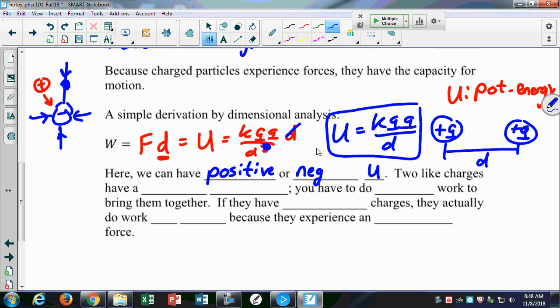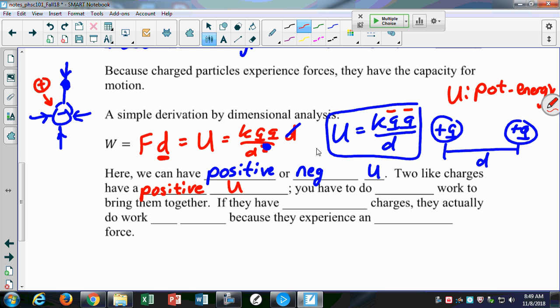A positive or a negative U? If both Q's are positive, what does that make U? Positive. And both Q's are negative, what does that make U? Positive, right. So if I have a negative value here and a negative value here, then that means that U would be positive. So two like charges have a positive U, a positive potential energy.